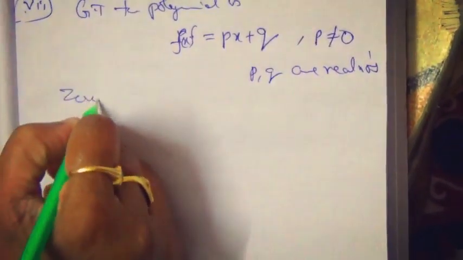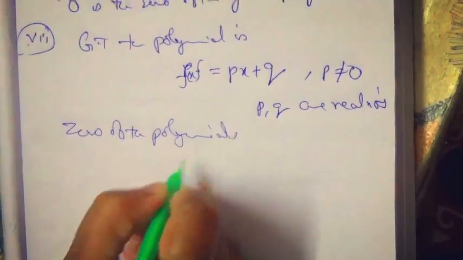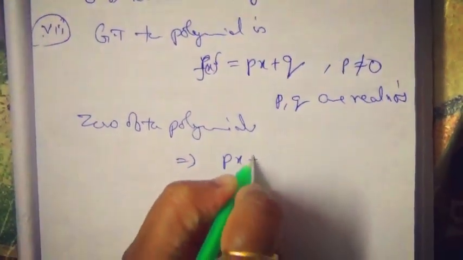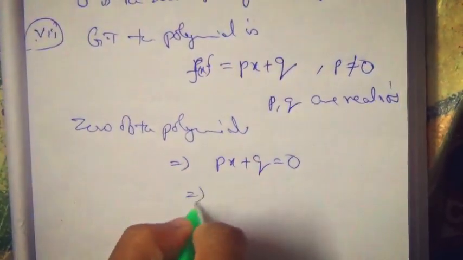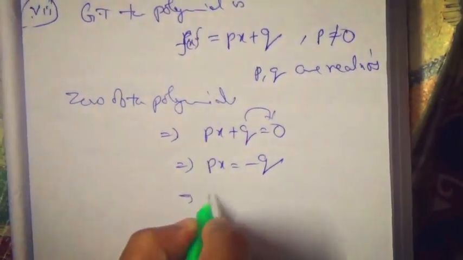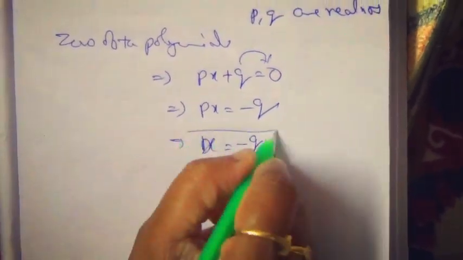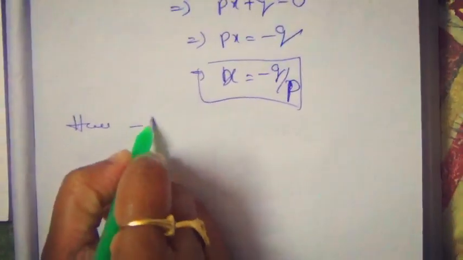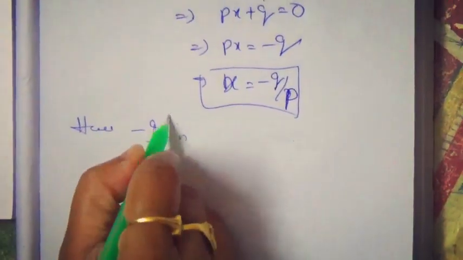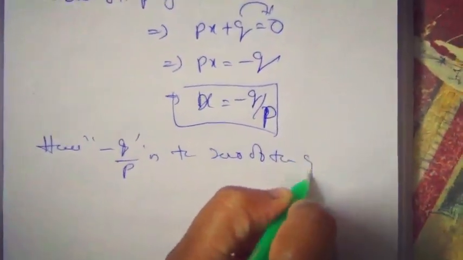So zero of the polynomial, that is px plus q is equal to 0. That implies px is equal to minus q. That implies x is equal to minus q by p. That's it. So here minus q by p is the zero of the given polynomial.